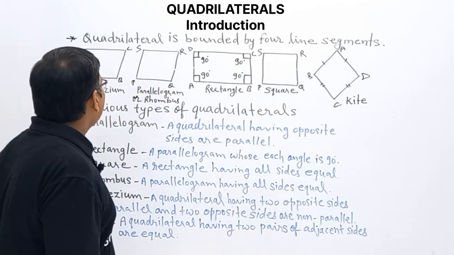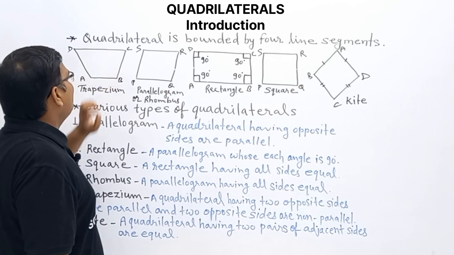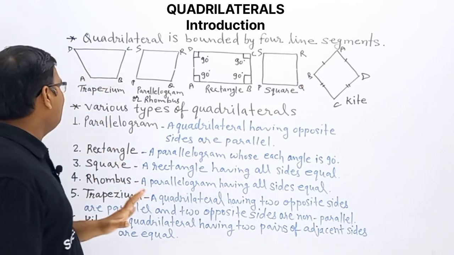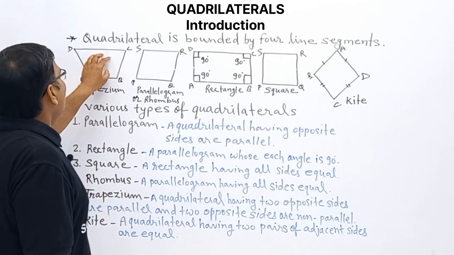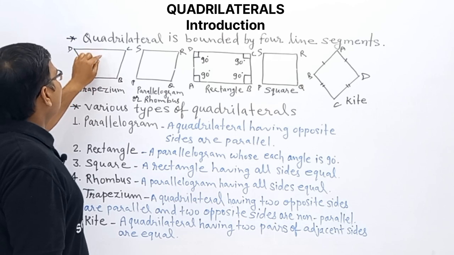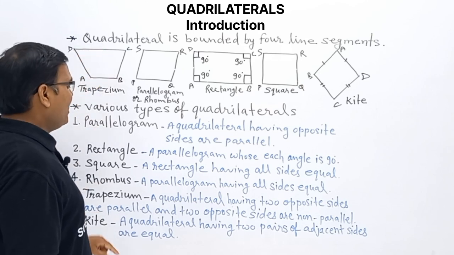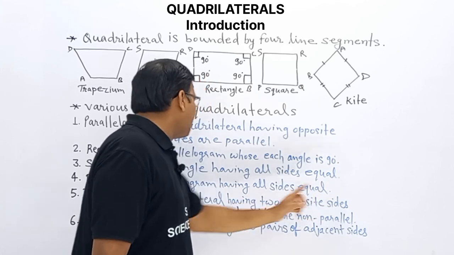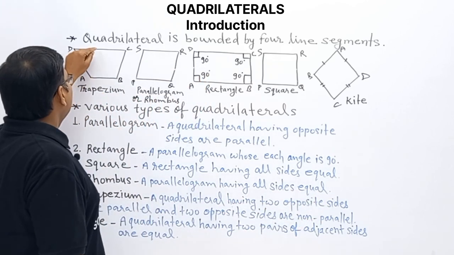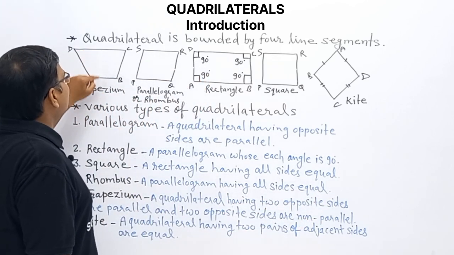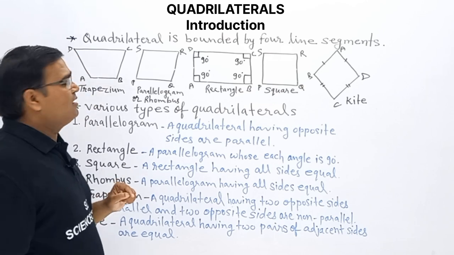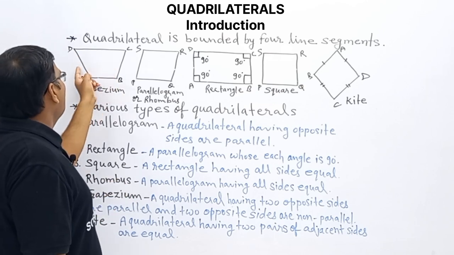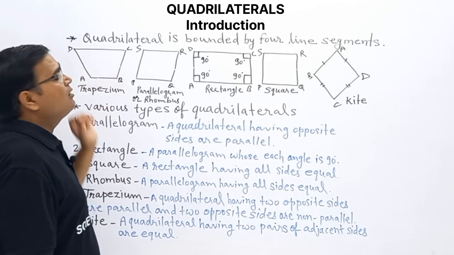Now next one is the trapezium, a quadrilateral having two opposite sides parallel and two opposite sides not parallel. This one is the trapezium. This and this one are opposite sides and this pair is parallel, but this and this one are opposite sides but they are not parallel.